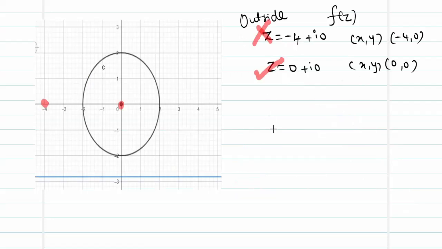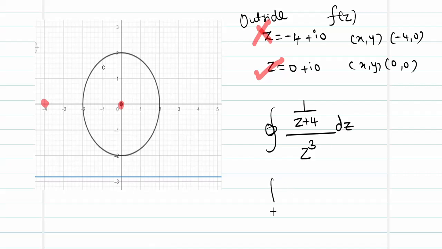In which case, I can write the integral over c of 1 divided by z plus 4 in the numerator, leaving you with z cube alone in my denominator. Hence, you can identify this with f of z by z minus a the whole to the power of n plus 1 dz.